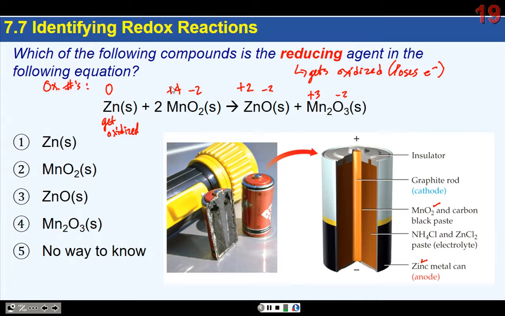So in this case, the manganese is getting reduced from manganese(IV) oxide to manganese(III) oxide. And that which gets oxidized, because it loses electrons, is going to be our reducing agent. And so it is the zinc in this example.